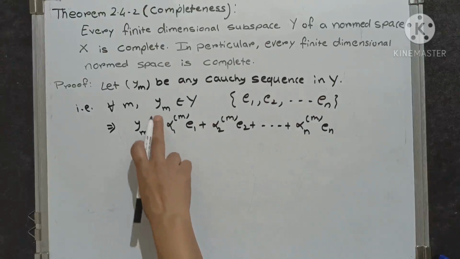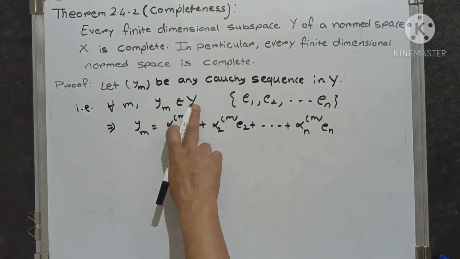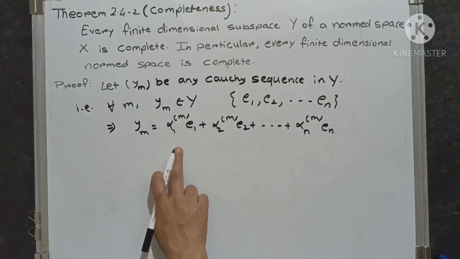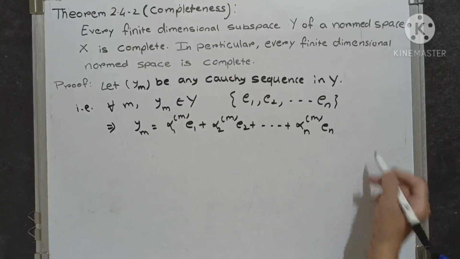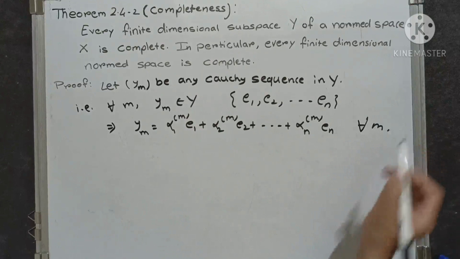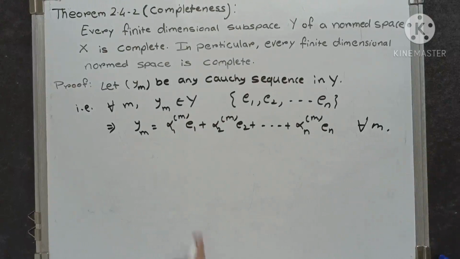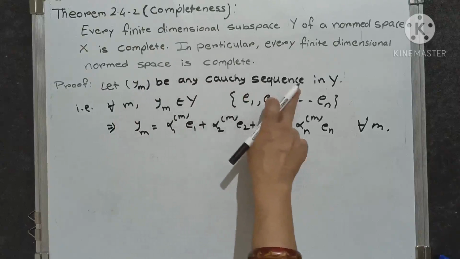That means each element ym belonging to Y is written as a unique linear combination of E1, E2, up to En, and it is true for all m. Now the sequence ym is a Cauchy sequence in Y.